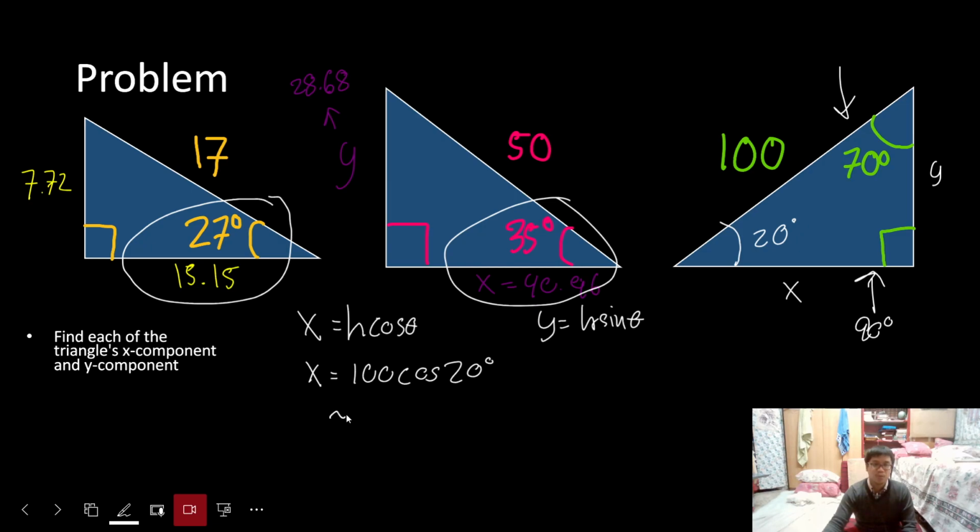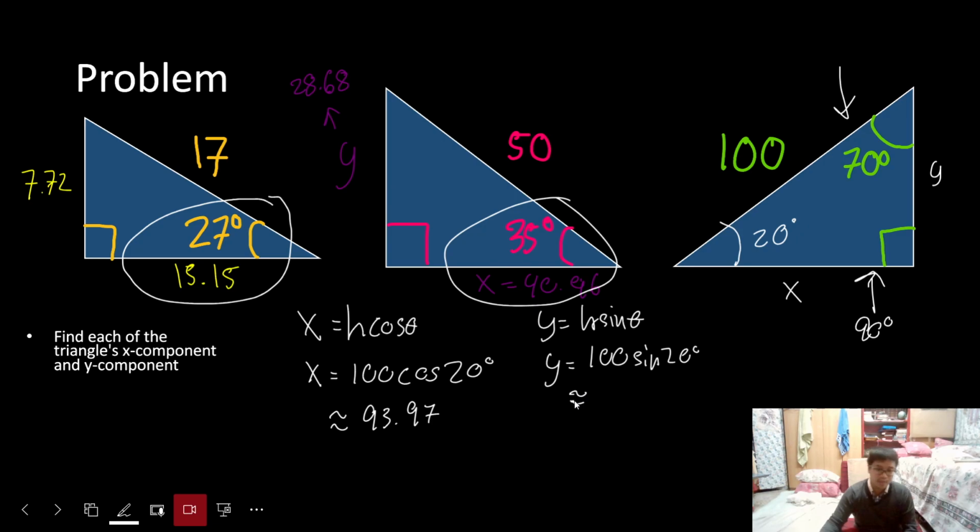What will be the answer here? 100 times cosine of 20 degrees, approximately at 2 decimal places, is 93.97 units.